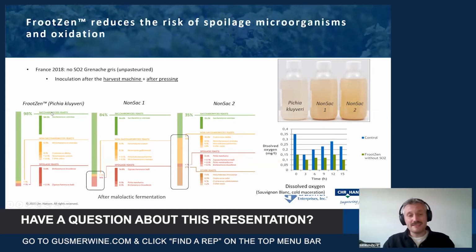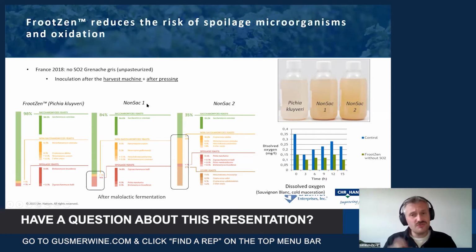We looked at the fungal population after fermentation and after malolactic fermentation, to see what kind of yeast and fungi were still available there. The vast majority is actually Saccharomyces yeast. That means FrootZen has allowed a good symbiosis with Saccharomyces.